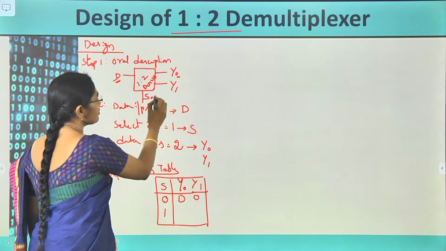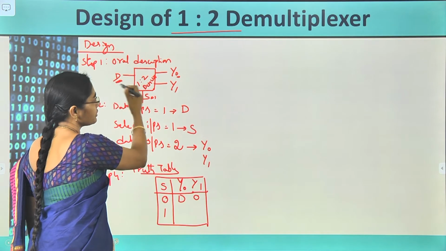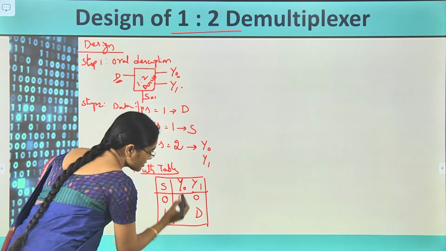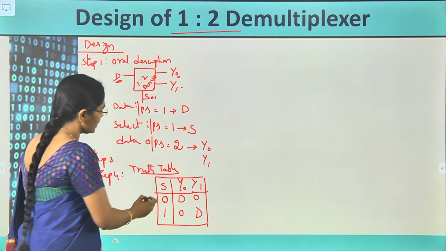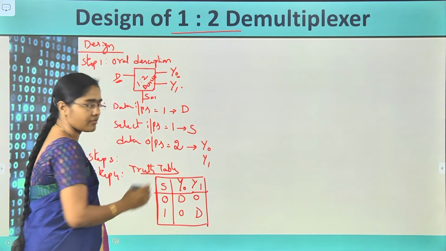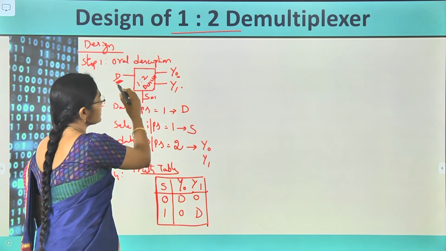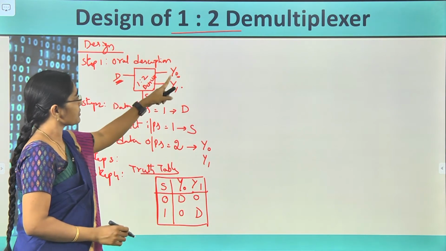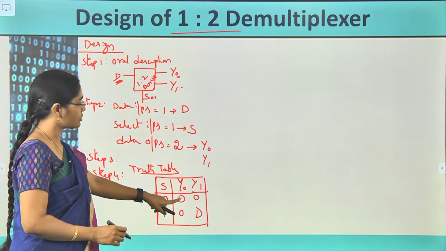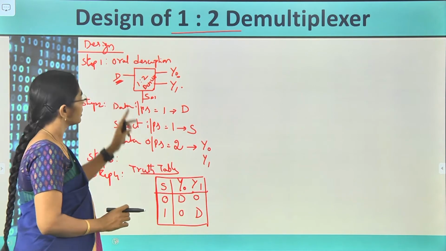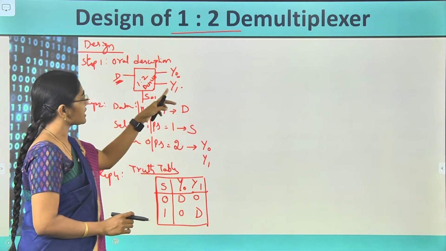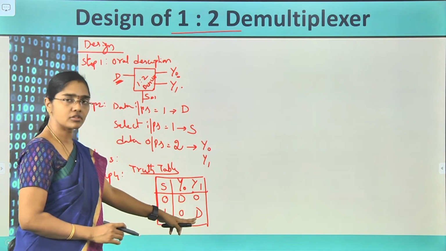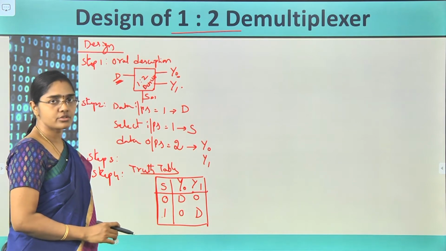Then when S is equal to 1, Y1 is equal to D and Y0 is 0. So depending upon the S value, the D signal is passed to either Y0 or Y1.